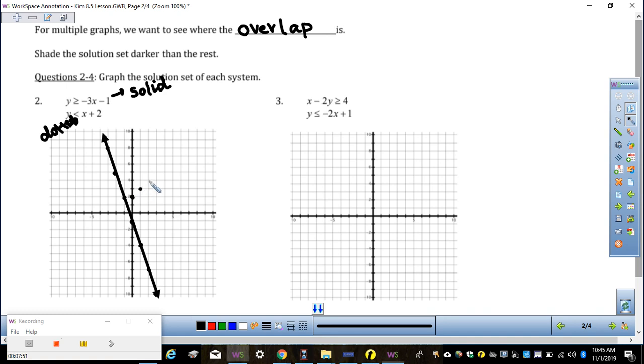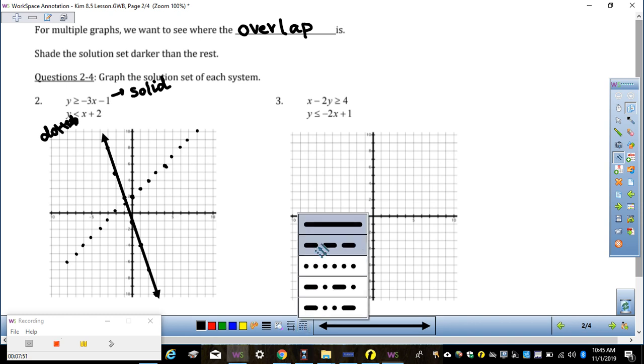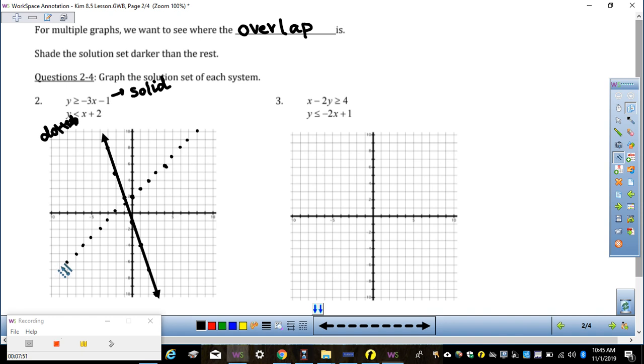This is just a slope of 1, nice easy line, and then moving back in the other direction. Here we go. When you draw this, and this is something you need to be paying attention to, we actually want this to be a dotted line.